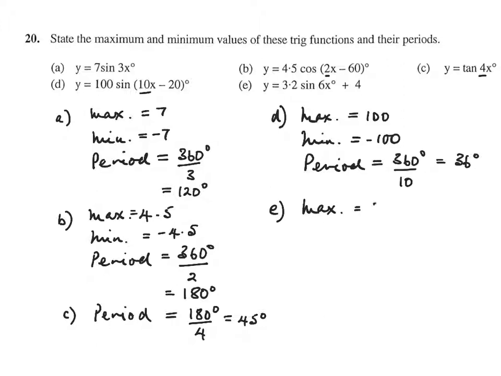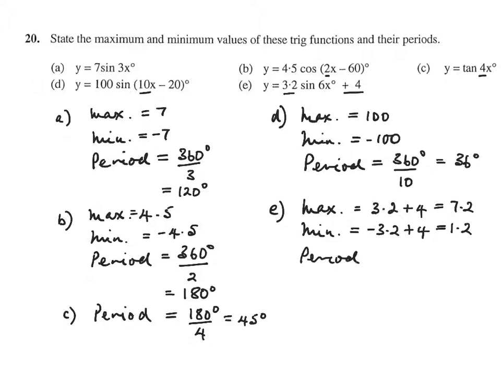Maximum here is 3.2 plus 4. The minimum is -3.2 plus 4. And the period of the sine function is 360 degrees, but here we have 6 cycles.